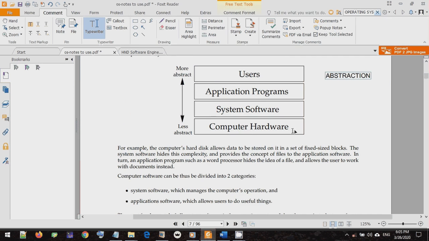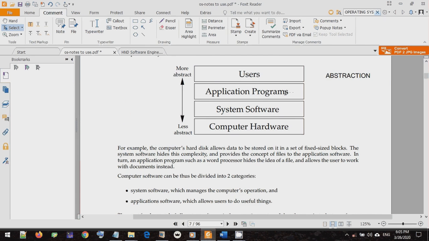Abstraction means that you are hiding the complicated component or the very hard component from the user. The user does not get to see the complicated part of the computer, the hardware. Imagine you're a novice and you're just given computer hardware that you should use. That is going to be very complicated.